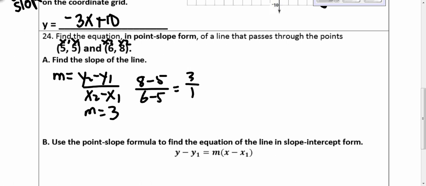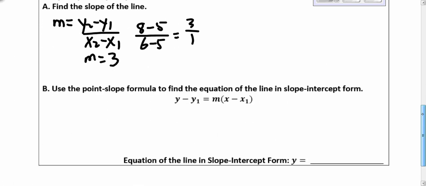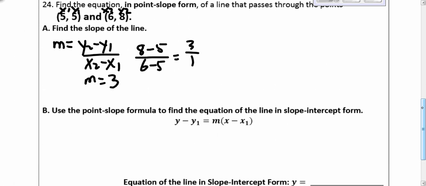So now you have to use the point slope formula. You have y minus y1 because you're missing the y-intercept. So y1 in my case is 5. The slope is 3. Going to substitute it in. My x1 is 5.